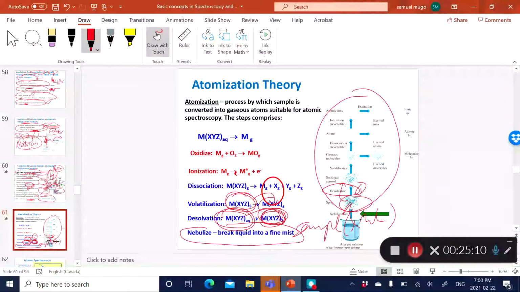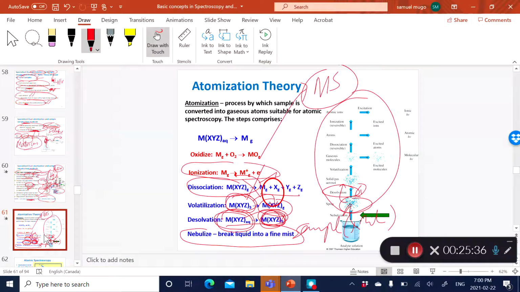Now, after you have the molecule in gas form, the next step is what you refer to as dissociation, where you atomize or break down those molecules into the component atoms, which are in gaseous form. If you're interested in ionization, assume your detector is a mass spectrometer.